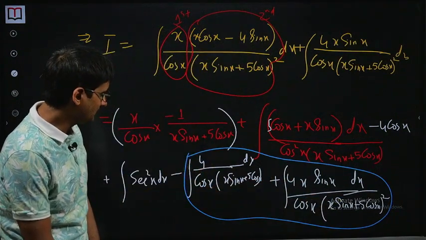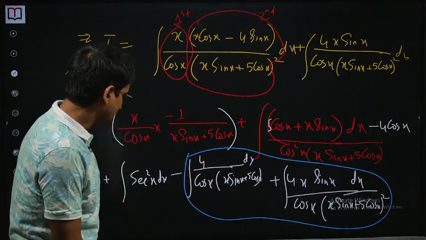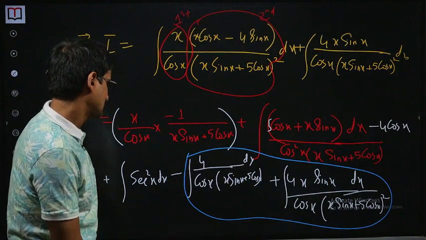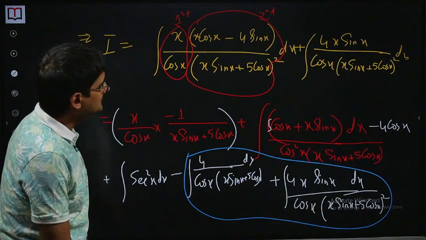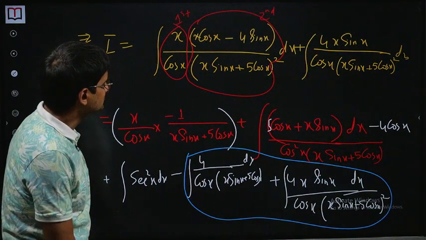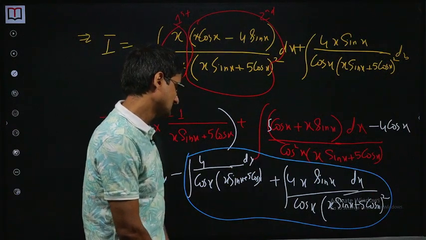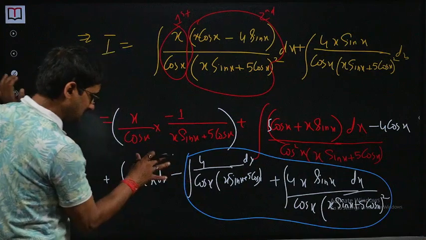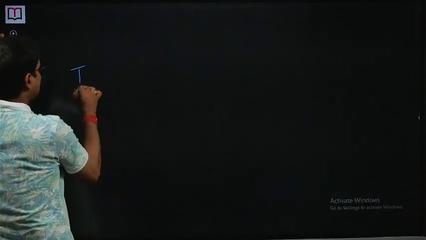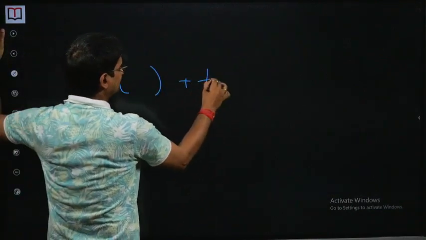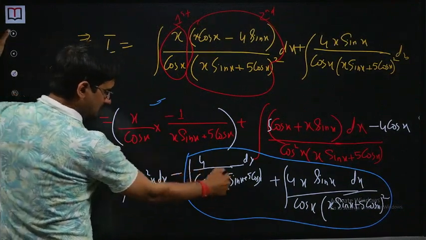So it will be 4x sin x minus 4x sin x gone, and then 20 minus 20 cos x. Okay, let's do it. I think we got it. Wait. So taking LCM, I is this term plus tan x. Now take LCM, children.